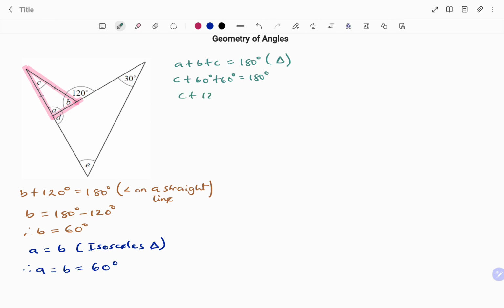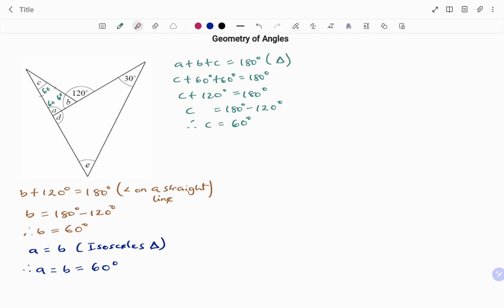C plus 120 degrees, that's 60 plus 60, equals 180 degrees. Therefore, C equals, I'm going to take 120 degrees to the other side, 180 minus 120 degrees. Therefore, the value of C equals 60 degrees. That's an equilateral triangle since all the angles are the same.